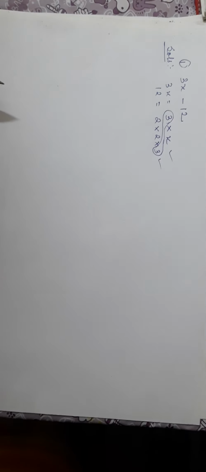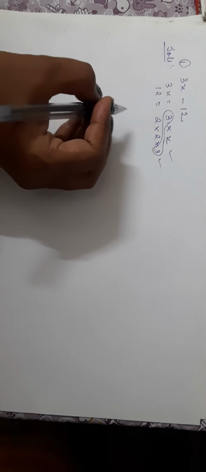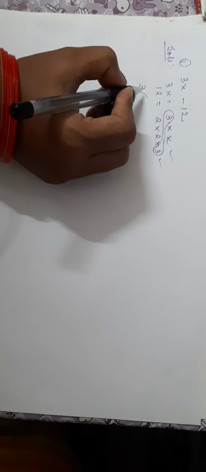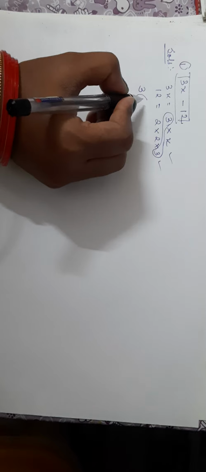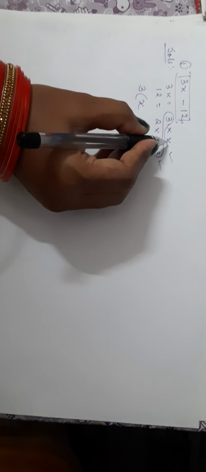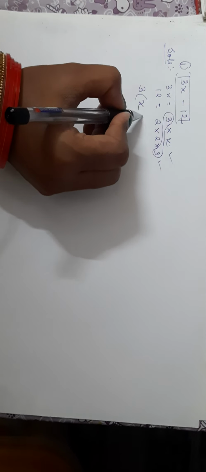So in the first exercise we are going to use the method of common factors. Here we have 3 as common. So what will we write? Take out 3 as common. What is left? After taking 3 common, x is left, and the minus sign will be there.